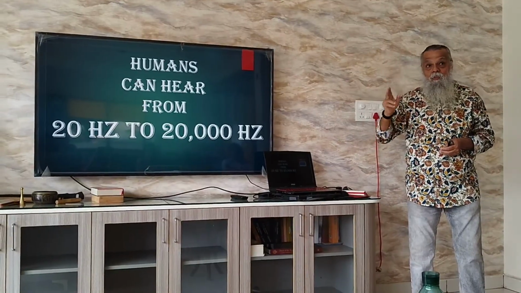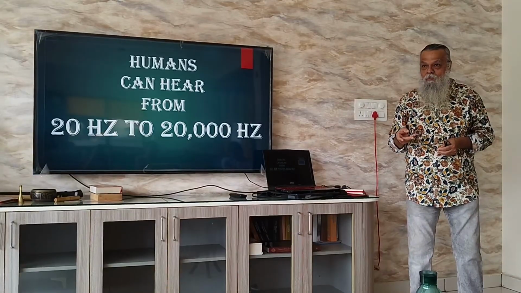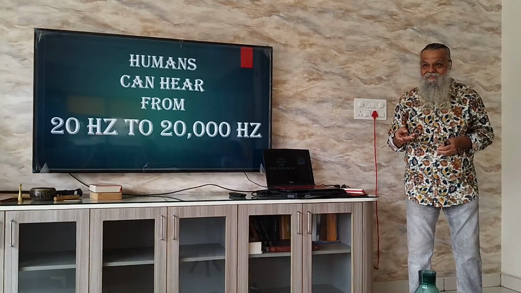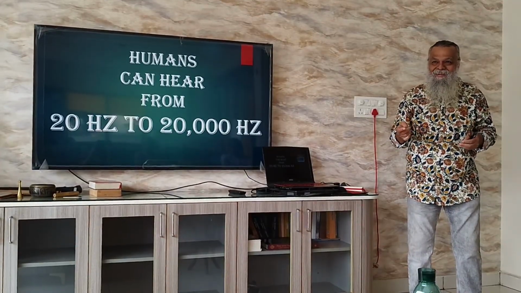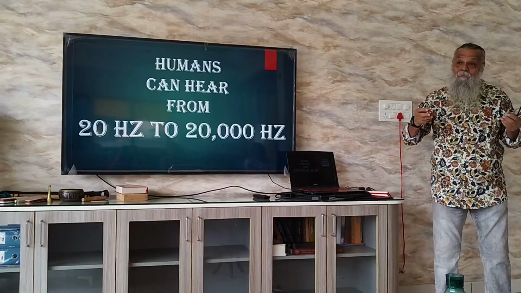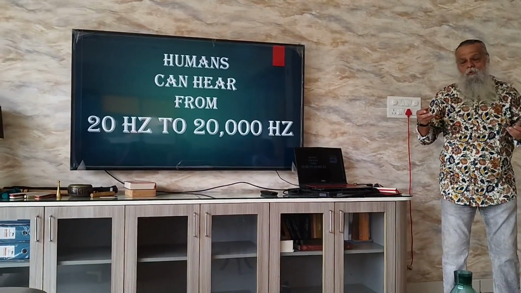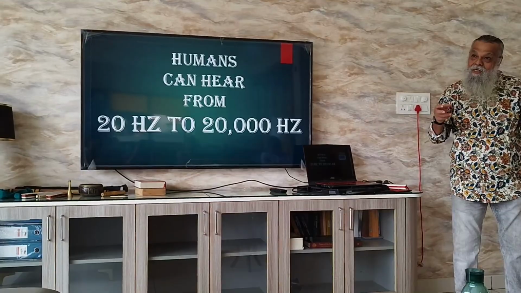Ultrasound is much higher frequency, and, you know, any animal that hears ultrasound? No. They may be hearing ultrasound, but dolphins maybe, but there is an animal which hears ultrasound and it doesn't have eyes.